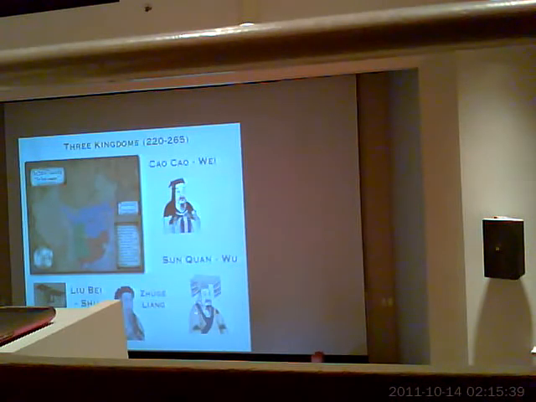So one of the most famous characters is Zhuge Liang, who was a famous military strategist who served the kingdom of Shu. In historical records, he's portrayed as being an extremely wise strategist. By the time you get into the more literary, romantic accounts, he's given sort of magical powers, like a wizard almost, or a Merlin. But I'll give you two examples of his military strategy.